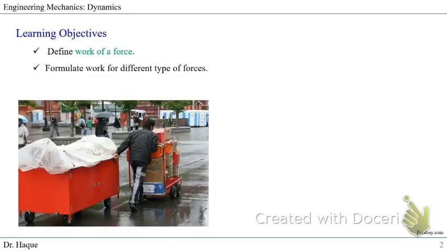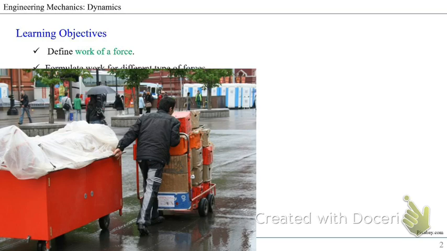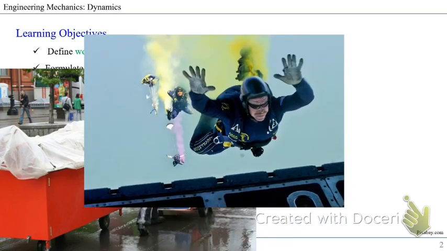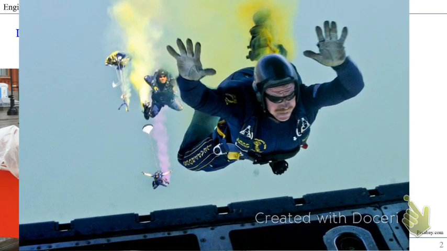For example, in this image you see this man is pulling and pushing a cart at the same time. If the cart moves by a distance, there's some work being done and we can calculate that.